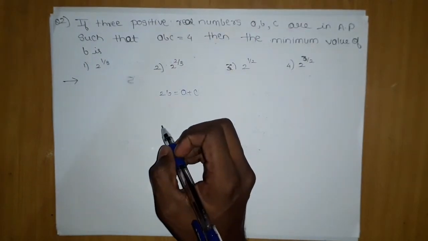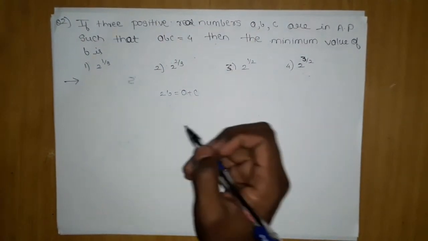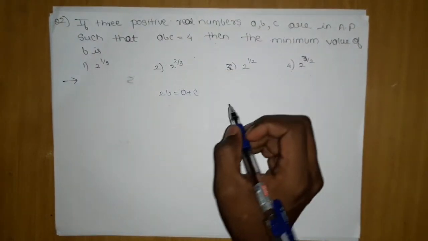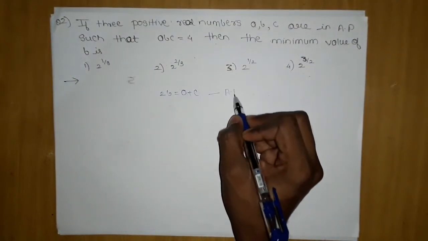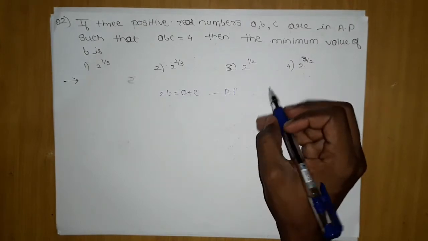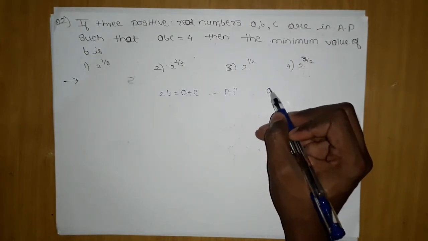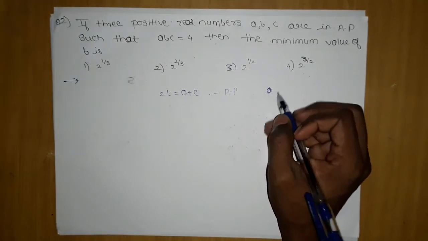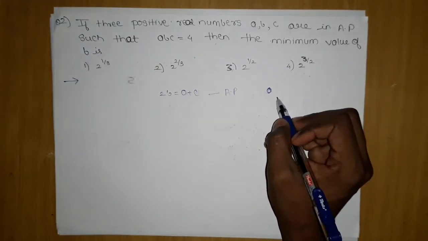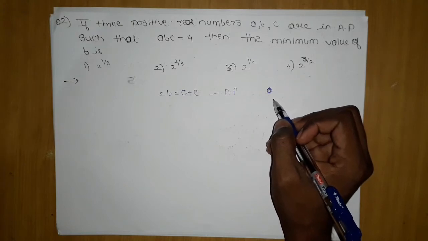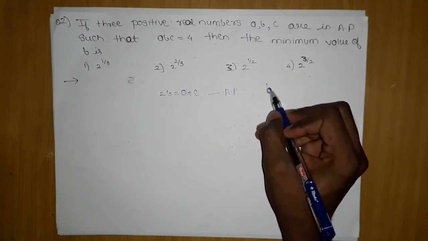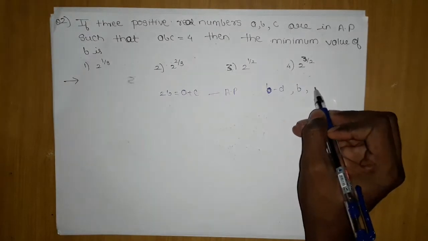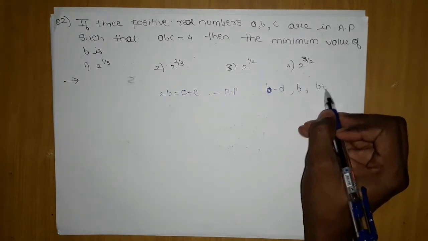Now we can do one more thing. This is the property of AP. But here, if I take b minus d as the first term, the second term will be b, and the third term will be b plus d. Why?